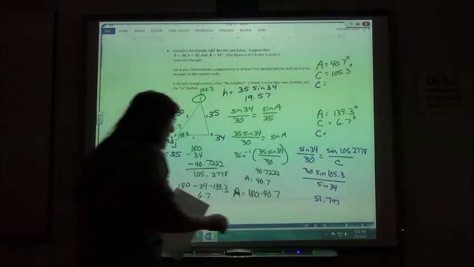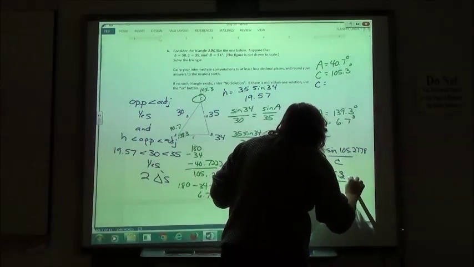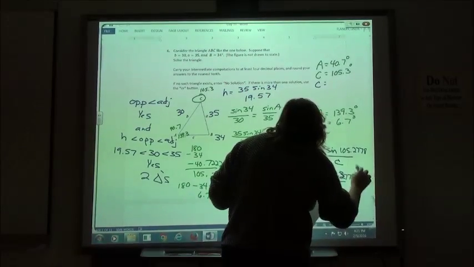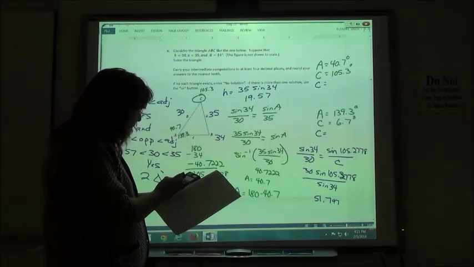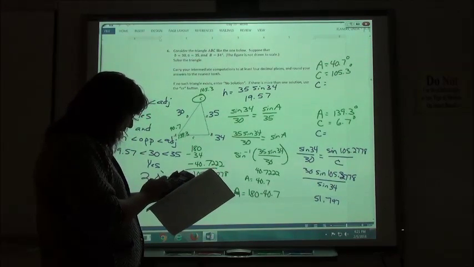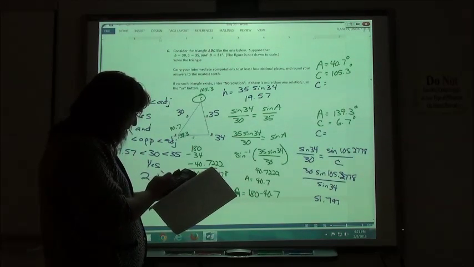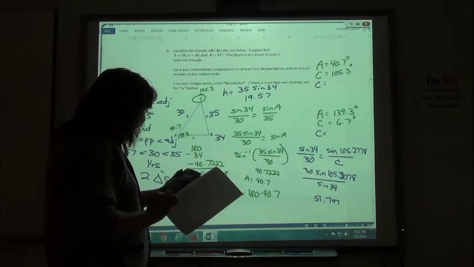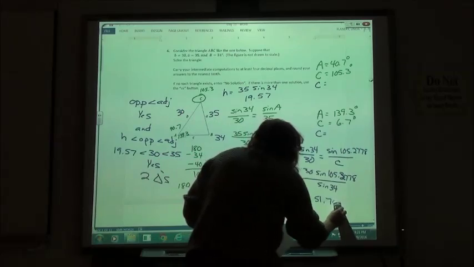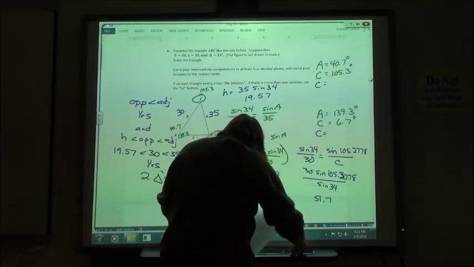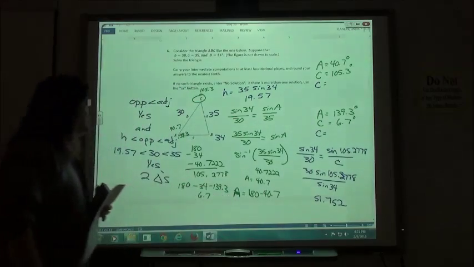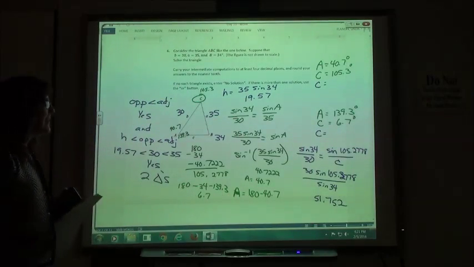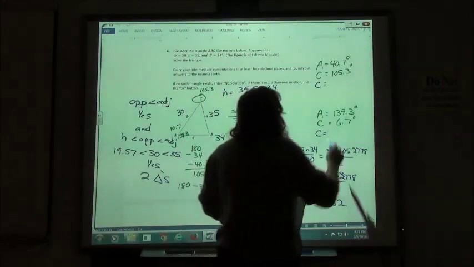So now if I recalculate that, 30 times the sine of 105.2778 divided by the sine of 34, now I'm getting 51.752. And so when I round that off to the nearest tenth, I get 51.8.